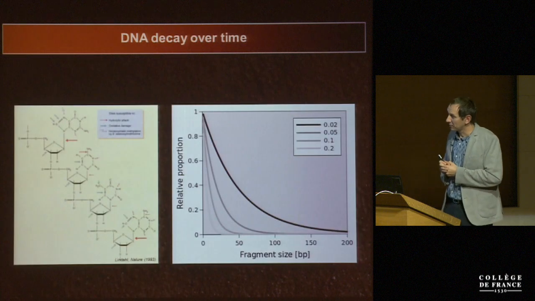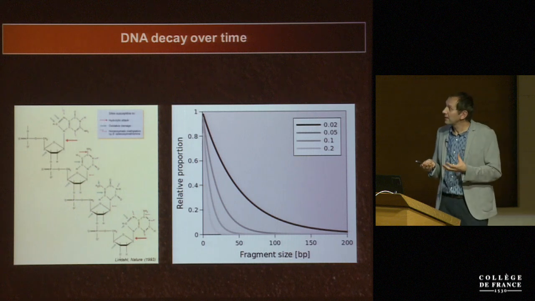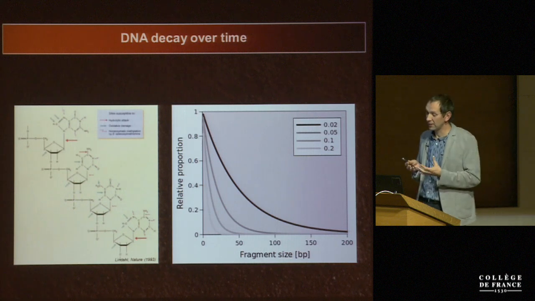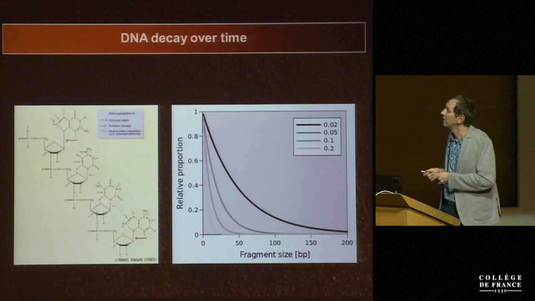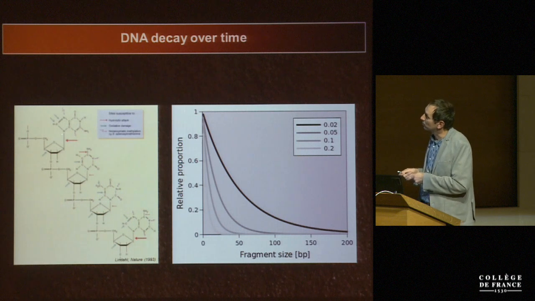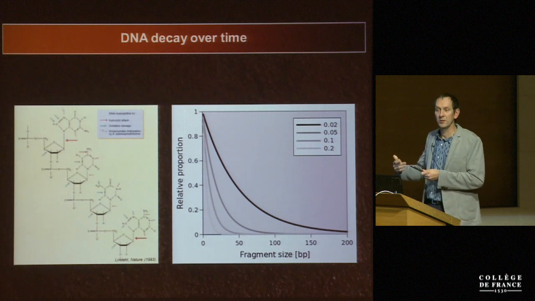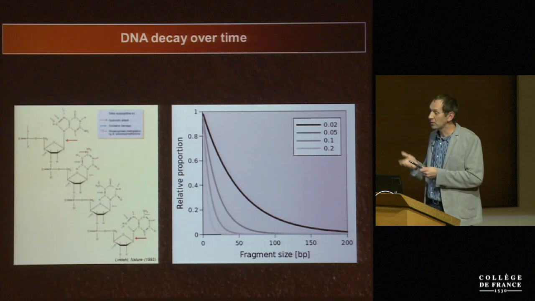Now the problem is, of course, even though hard tissues do have a binding capacity for DNA, DNA is still subject to decay over time. And there are a number of chemical reactions taking place, one of the most prominent ones being the loss of bases, a process called depurination, because the purine bases, the letters A and G, are most easily lost.